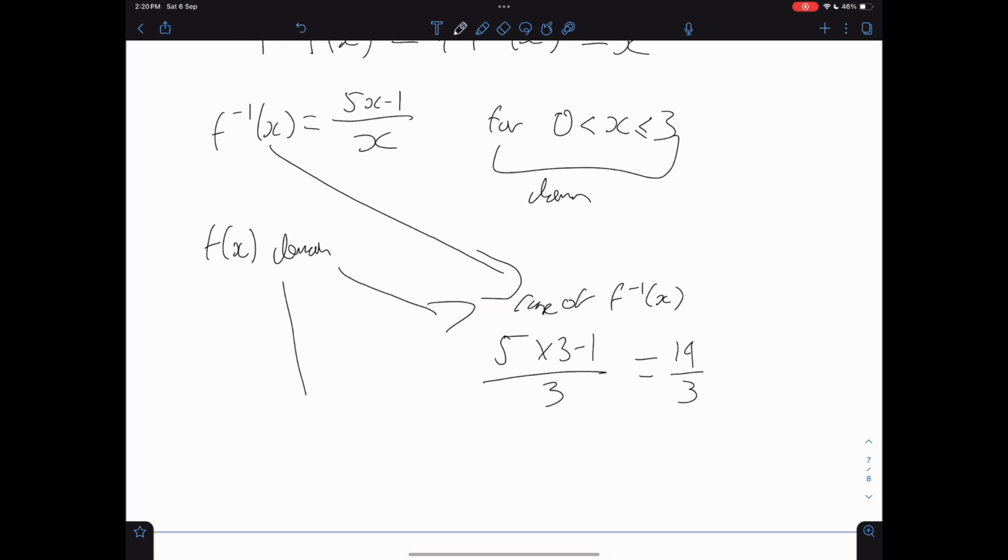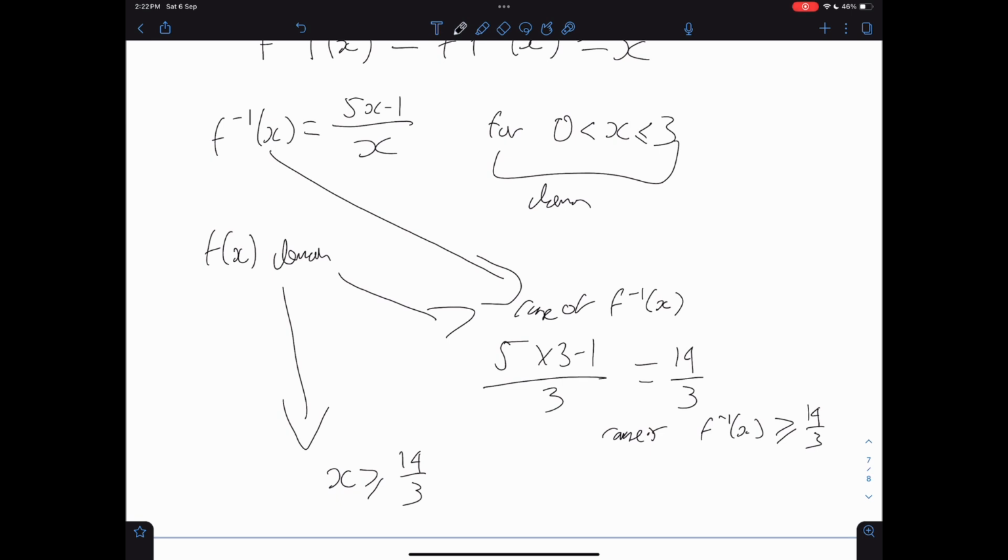So you'd say that because the range of f inverse of x is greater or equal to 14 over 3, then the domain would be x greater or equal to 14 over 3. Oops, hang on. No, because if you keep making that smaller, then 5 times 2 minus 1 over 2 is 9 over 2.